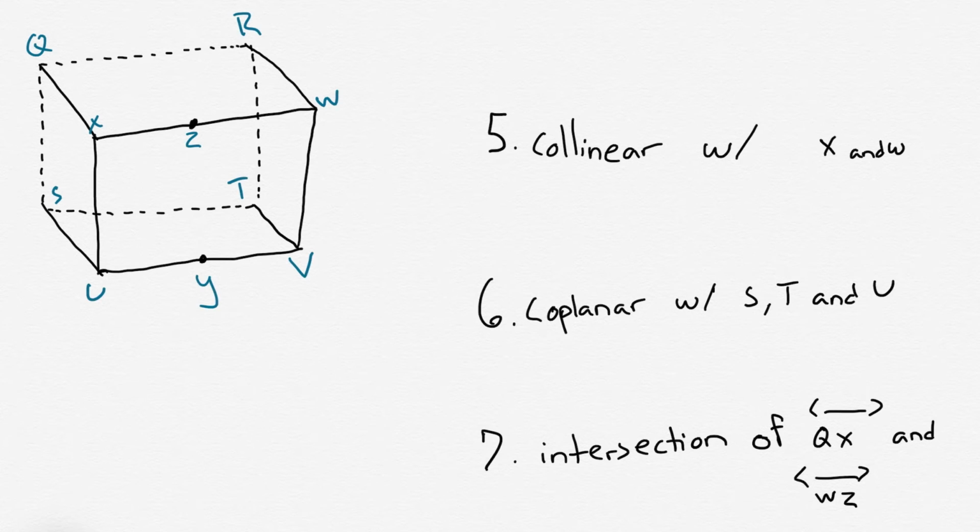So here's our X right here, here's our W right here, and this is the line we're talking about, and bam, we hit it. Right there is Z. So point Z is on the same line as X and W.